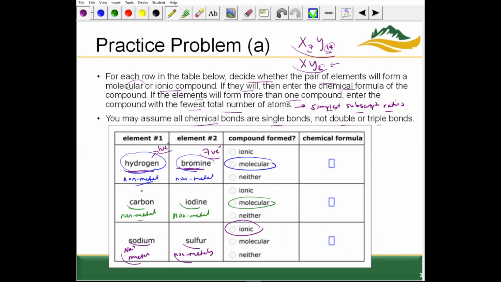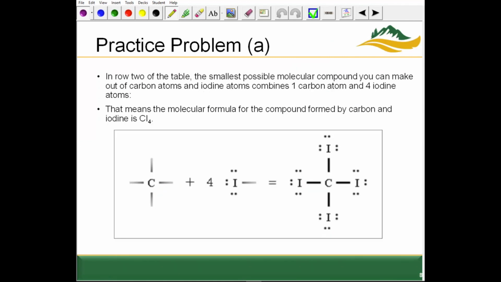Next, carbon has 4 valence electrons. Iodine is also a halogen. It has 7 valence electrons. Let's see how carbon and iodine can bond together to have a happy octet and a happy octet. So carbon with 1, 2, 3, 4 valence electrons, it needs 4 more valence electrons.